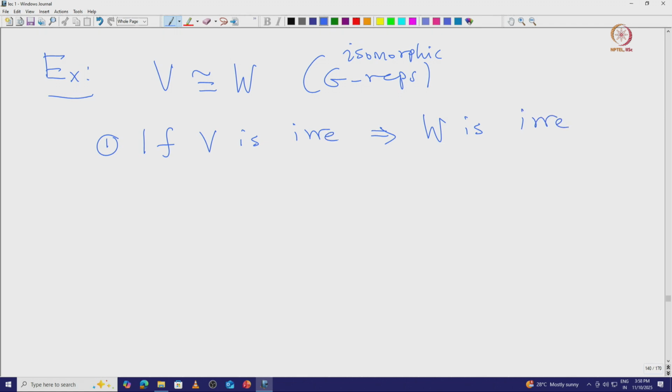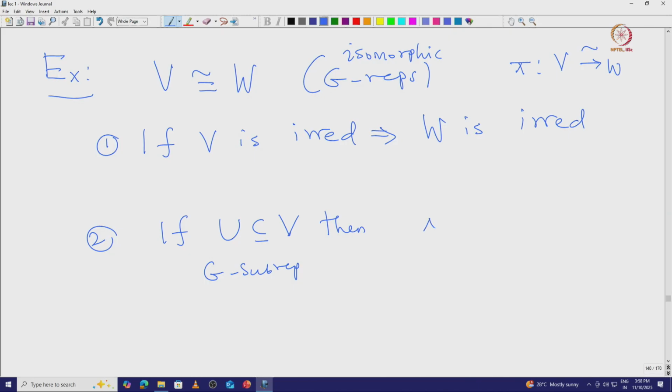Indeed, what one can show: if U is a subrepresentation of V and pi is the isomorphism between V and W, then you can easily see that pi of U is going to be a subrepresentation of W.